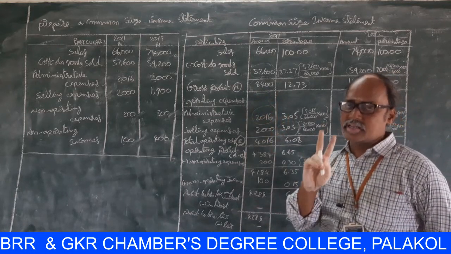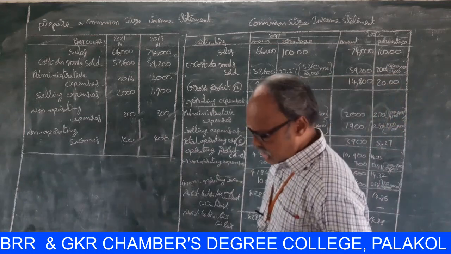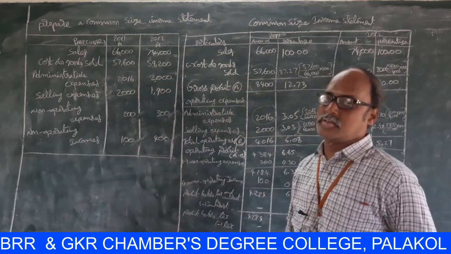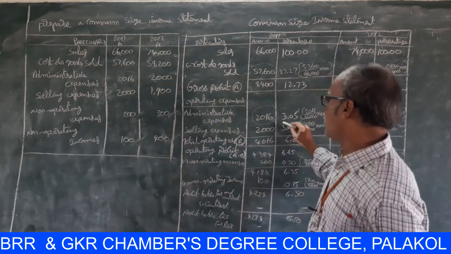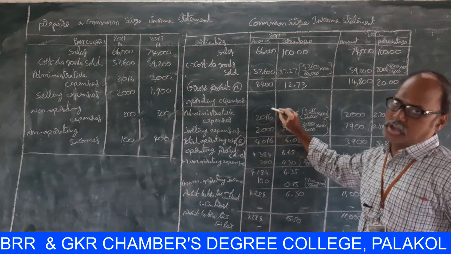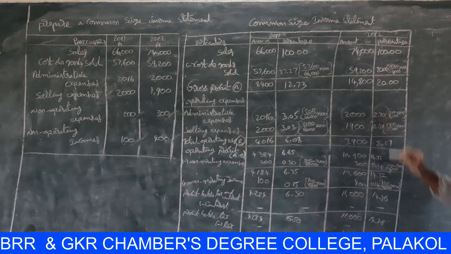There are two operating expense items in this problem: administrative expenses and selling expenses. Administrative expenses in 2011 are 2016, and in 2012 are 2000.